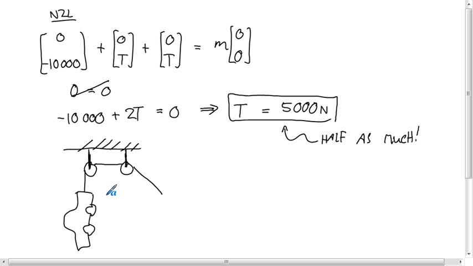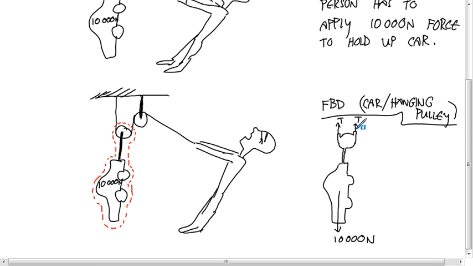Yep, question? Because we looked for the places where outside objects contact the chosen body at its boundary, and there were two places. One here and one here.